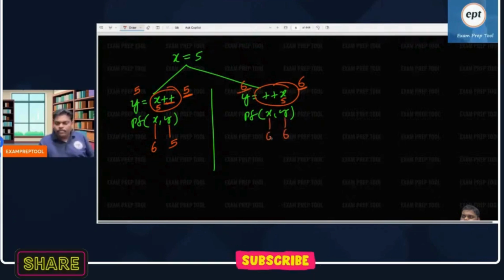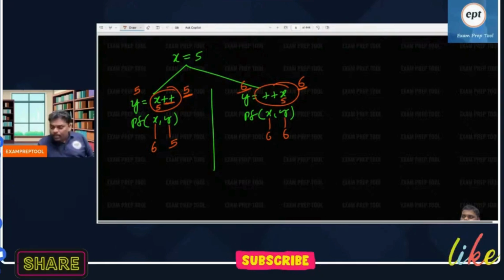Everyone knows this. Only for namesake I wrote pre-incrementation and post-incrementation. Are you comfortable? Very simple. Post incrementation means first store, then increment.